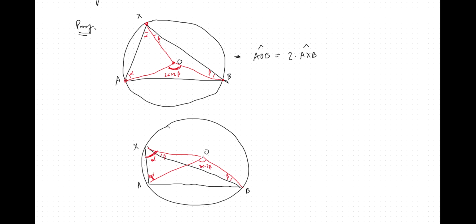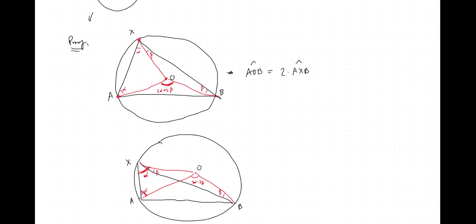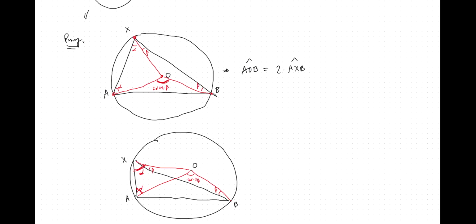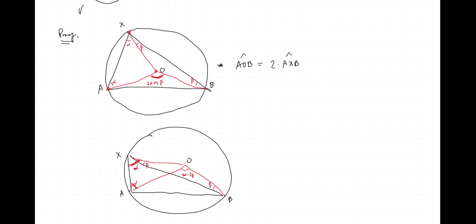Well, similarly, by looking at this, if you just say, okay, this is alpha minus beta here, and this will be, let's put gamma here, for example, alpha minus beta plus alpha plus gamma equals 180.